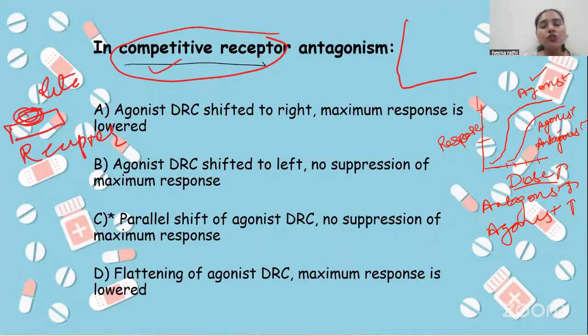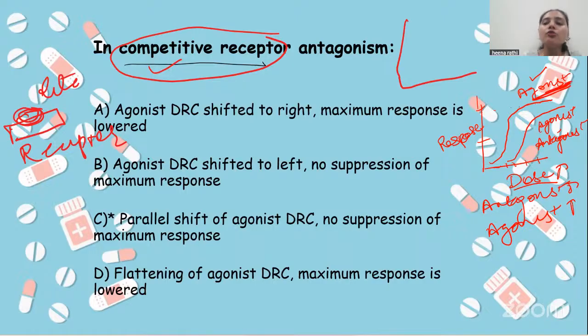When the concentration of the agonist is more than that of the antagonist, the same type of graph will be seen, similar to the agonist graph, but parallel, shifted from the agonist position.